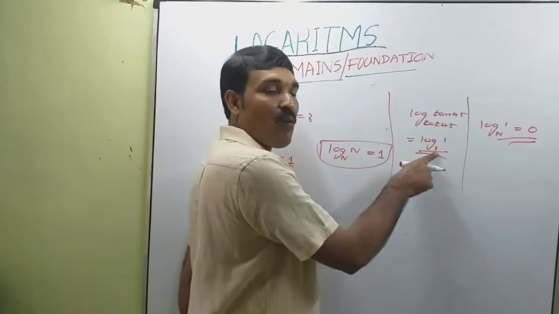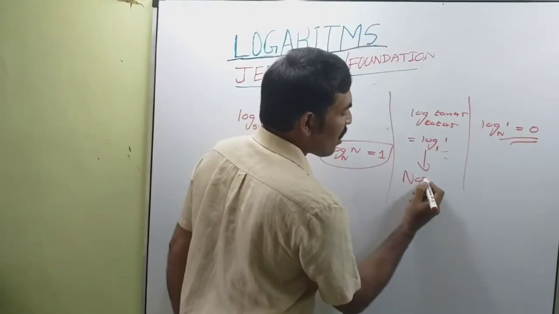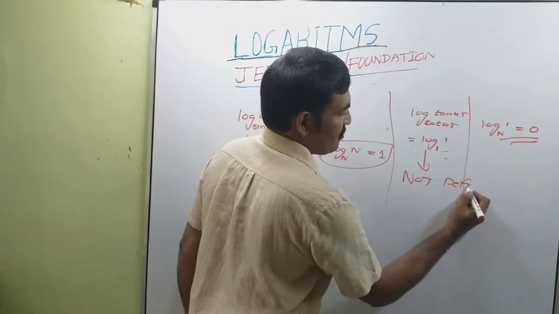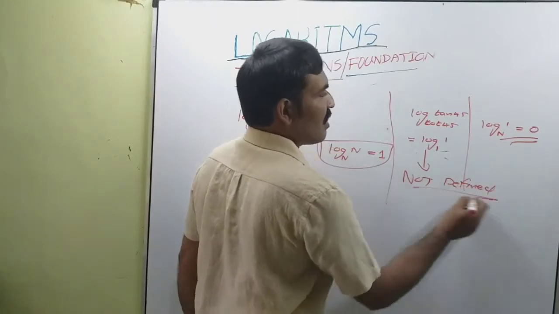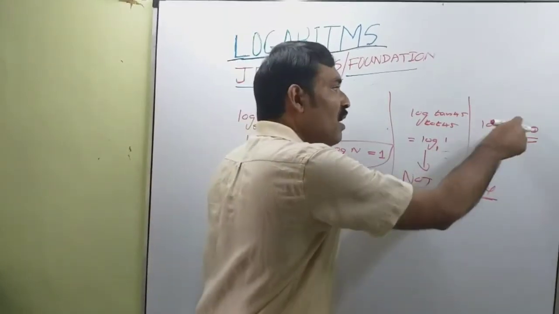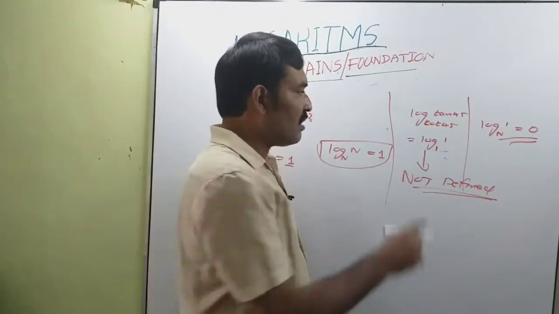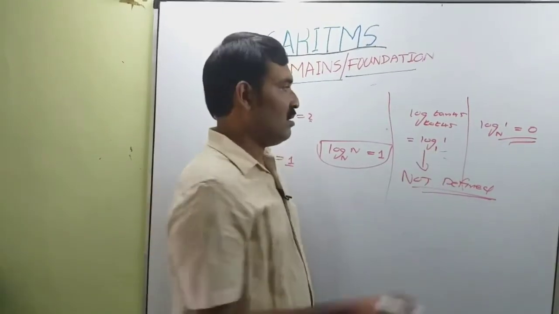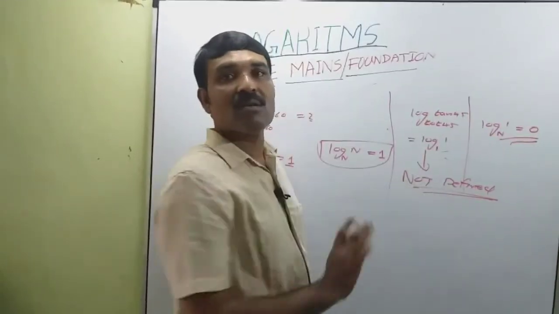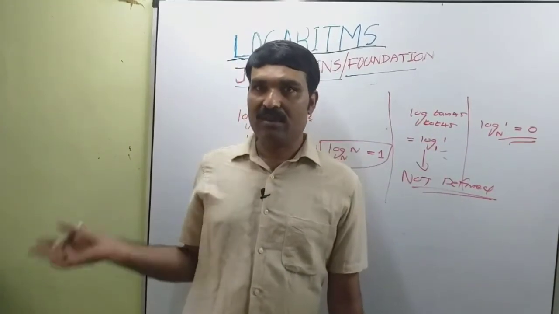Here the base is 1, so this is not defined. Otherwise, for any base, the value of log 1 is equal to 0, but the base should not be equal to 1. So log 1 to the base 1 is not defined.